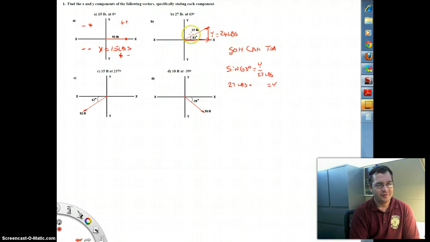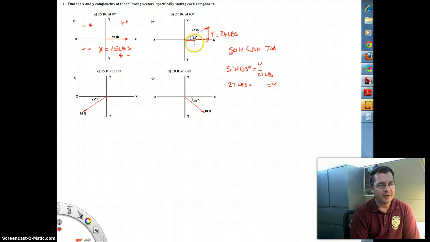Now, this drawing is not to scale. Notice that this included angle is 63 degrees, which in the real world would mean that y is going to be larger than x. But because they haven't drawn it to scale, it gives the impression that x is larger than y, but it really isn't.